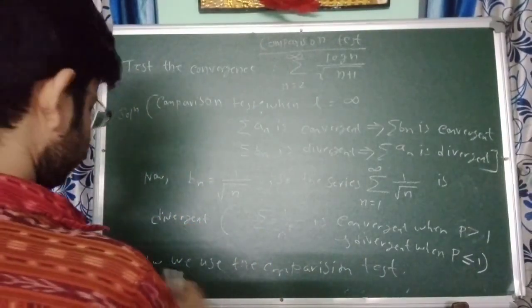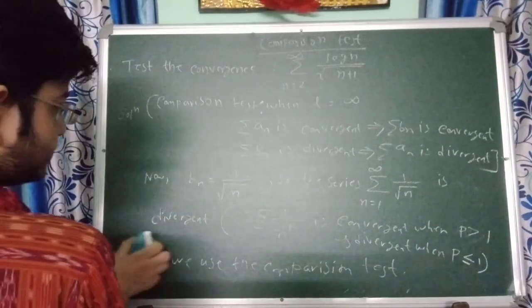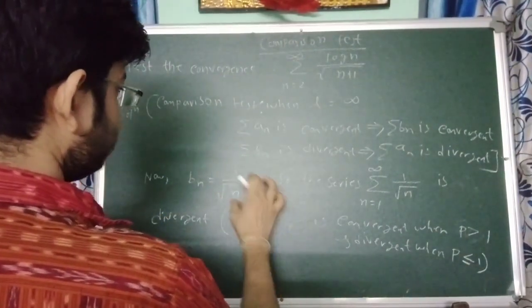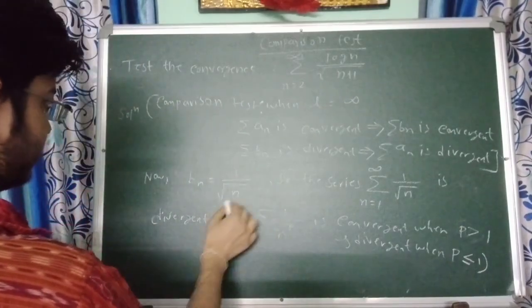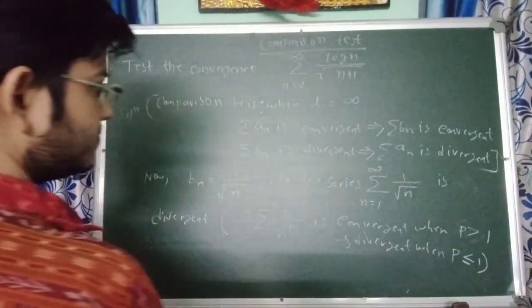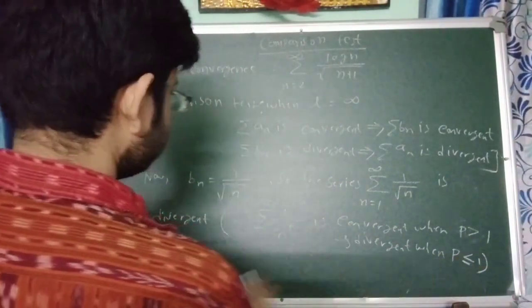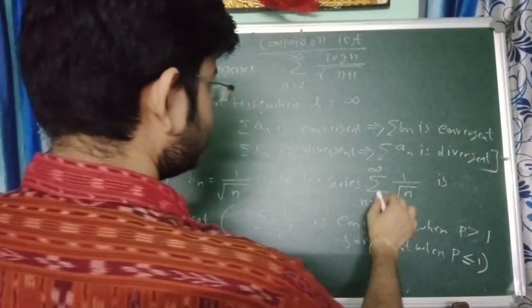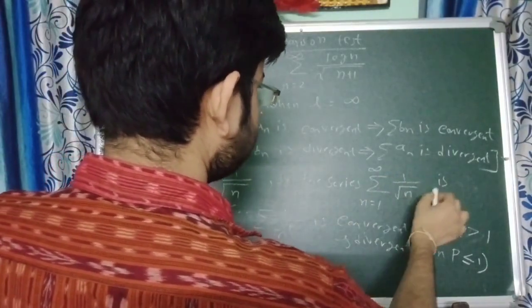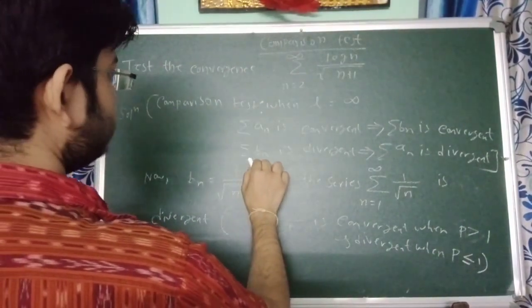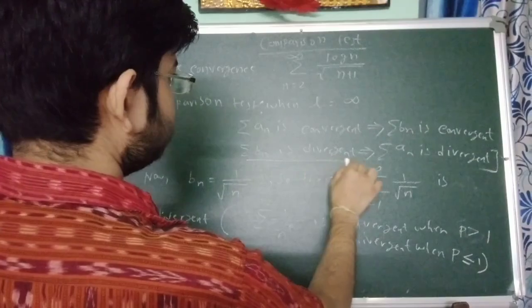Comparing with this, you see that here p is half, and half is less than 1. So by the p-test, summation 1 by square root of n is divergent. So in this case summation b_n is divergent.